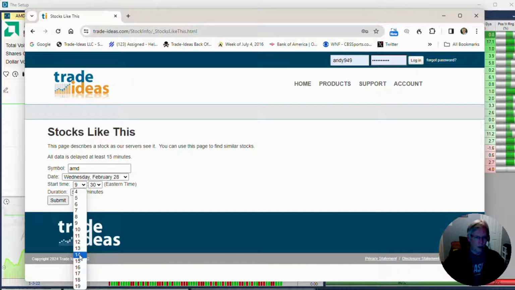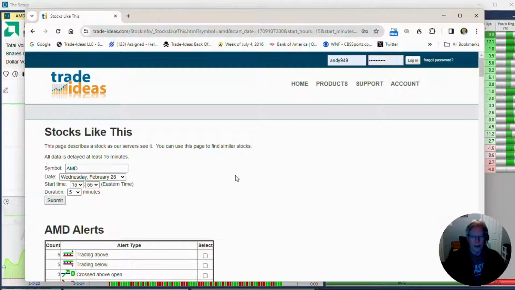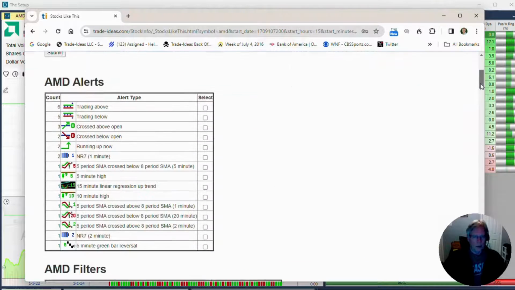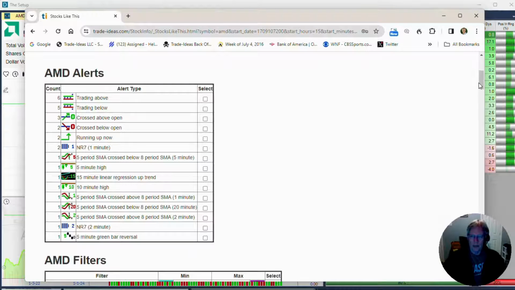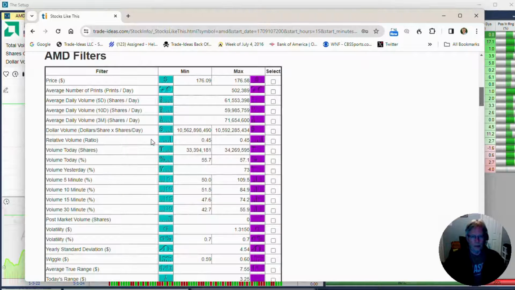It's in military time too, so it's going to be 12, 13, 14, let's go 15, and then 55. That should cover the last 5 minutes of the day yesterday. And then it will tell you every alert and every filter, which is important to me for swing trading, that was being satisfied.